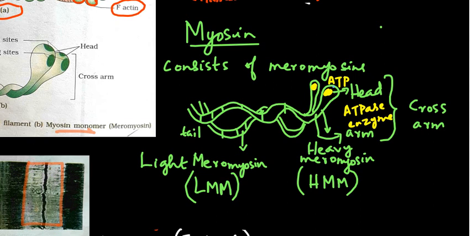The actin binding site is also present in the tip, with which the myosin attaches to the actin. So head consists of ATP binding site as well as actin binding site. The head as well as the arm together is called as cross arm, and the cross arm area is called as heavy meromyosin, and the tail is called as light meromyosin.